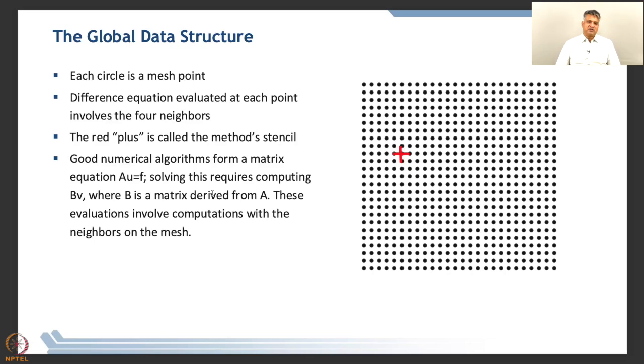Typically, your numerical algorithm will form a matrix equation of the form AU is equal to F, which requires solving. You typically have to figure out the inverse of this matrix or come up with some iterative method with which I can then solve it. These evaluations typically involve computing with the neighbors in the mesh, because you are looking at information around you to figure out what the value at a particular nodal point is.